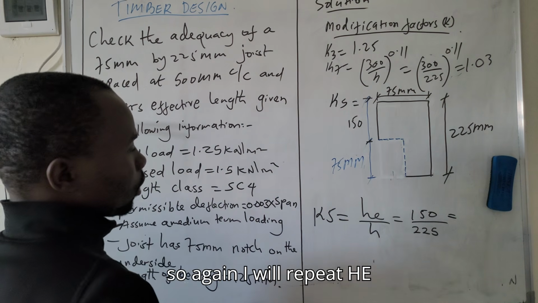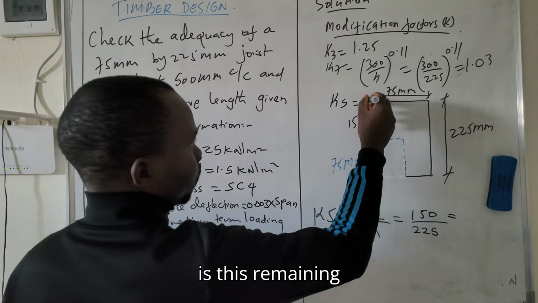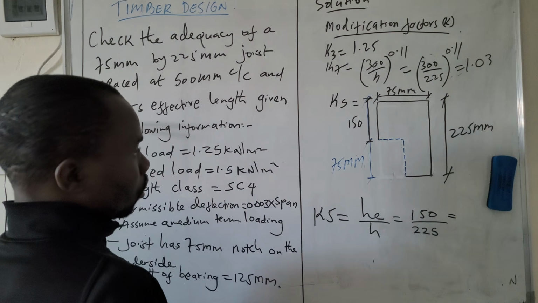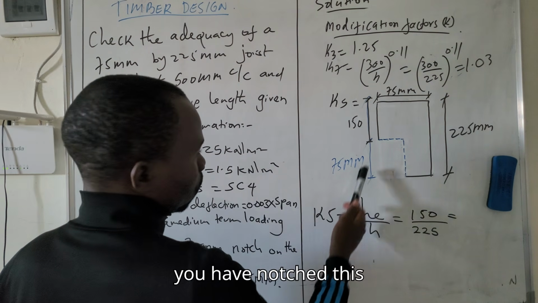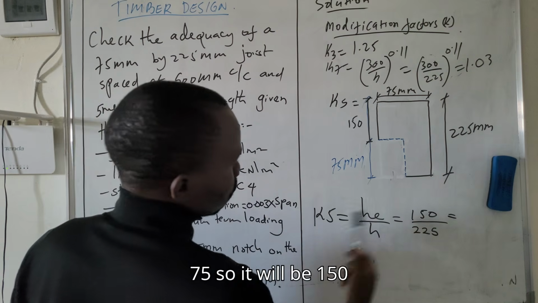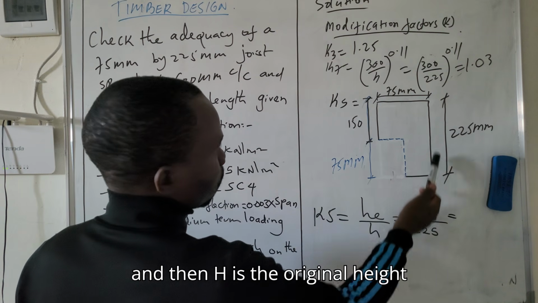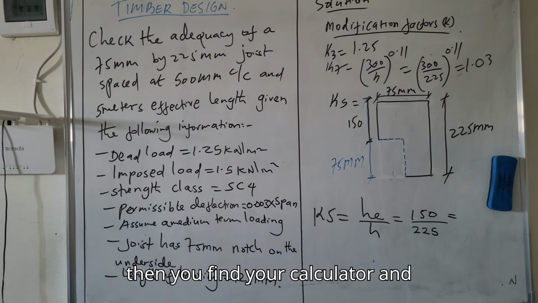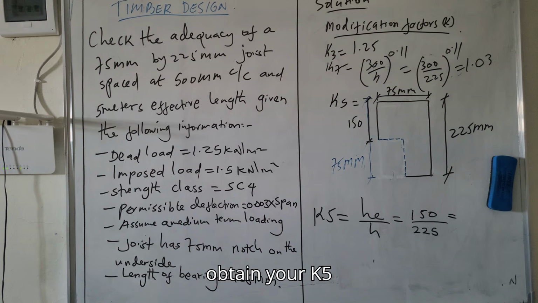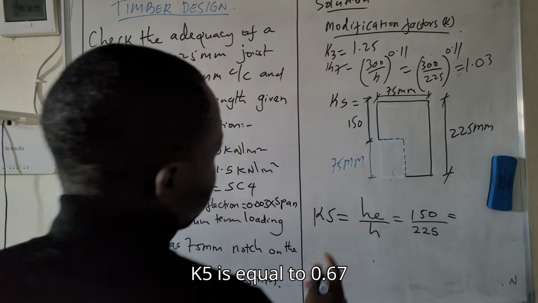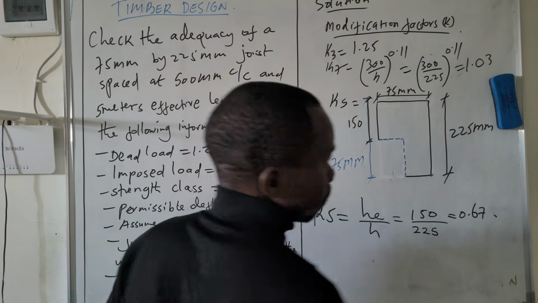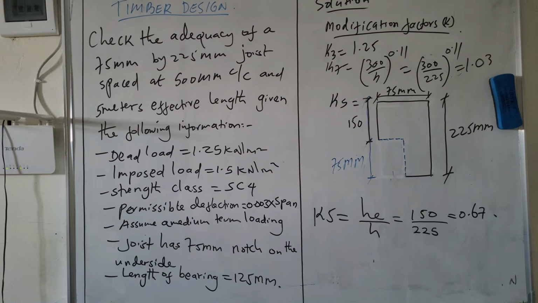So again, I will repeat. HE is this remaining portion after you have notched this 75, so it will be 150. And then H is the original height, which is 225. Then you punch your calculator and obtain your K5. K5 is equal to 0.67. So that is K5.